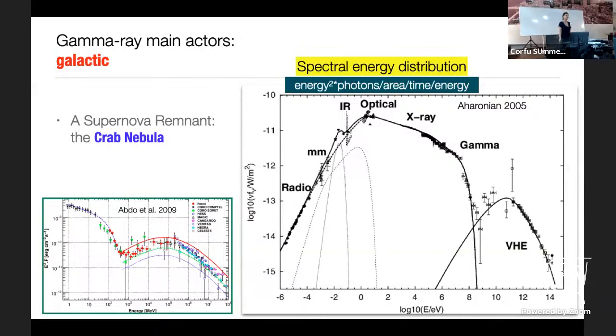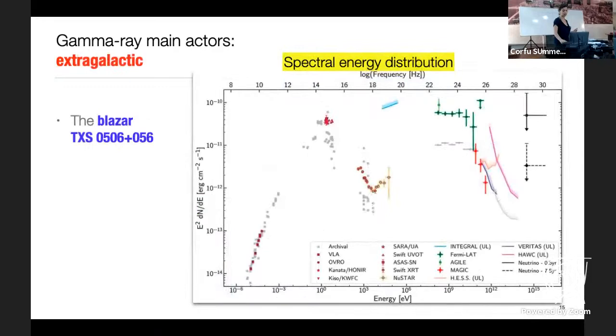For example, in blazars, you might have that the second bump is brighter in spectral energy distribution than the first bump. So, of course, it's extremely powerful and important to measure in a broad energy range so that you have an overview of all the photons, all the processes that are taking place in this accelerator.